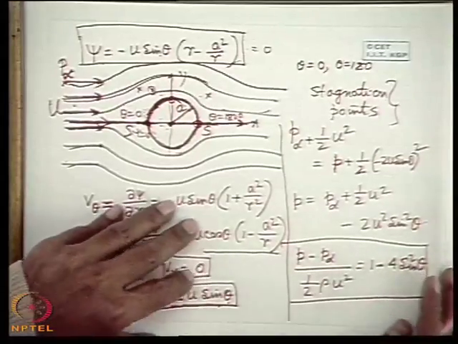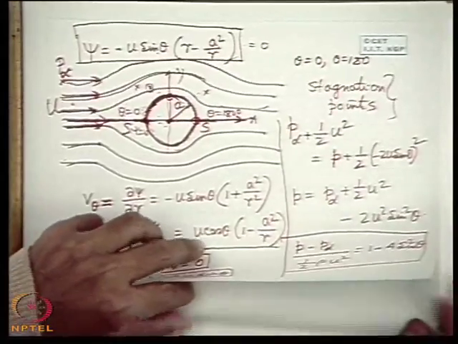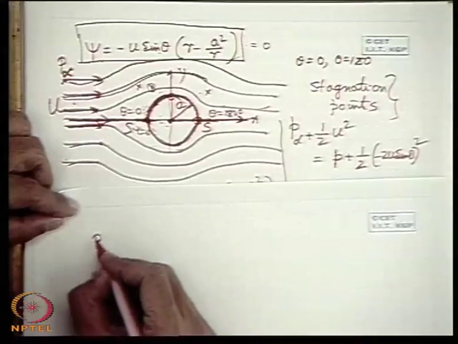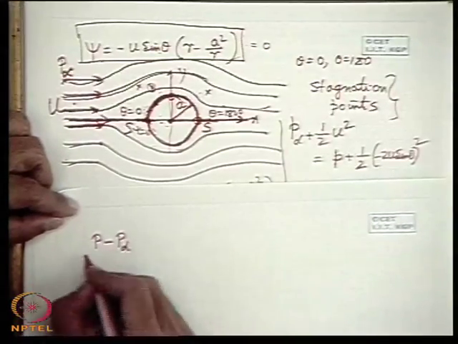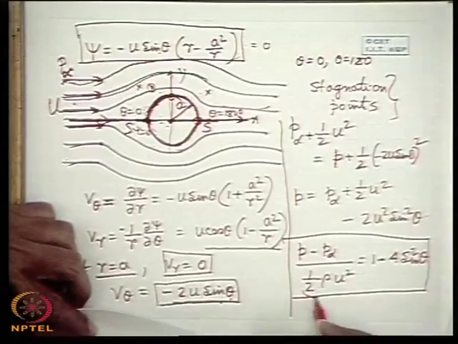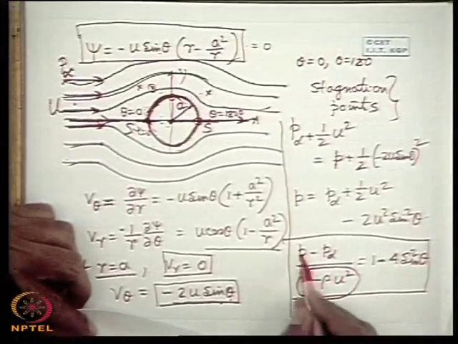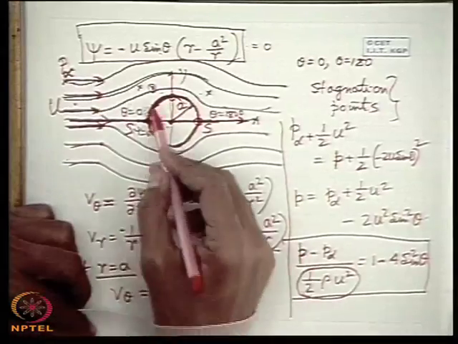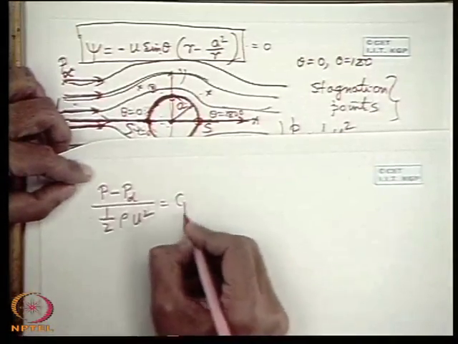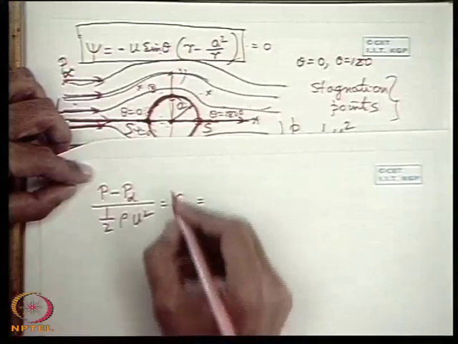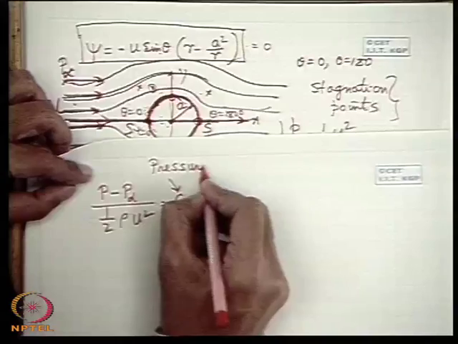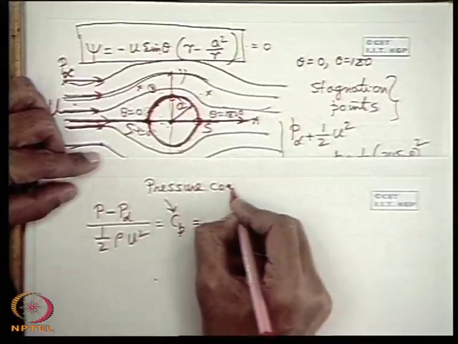Here the denominator is the dynamic head based on the free stream velocity, and the numerator is the difference between the pressure at any point and the free stream pressure. This is known as Cp, the pressure coefficient.